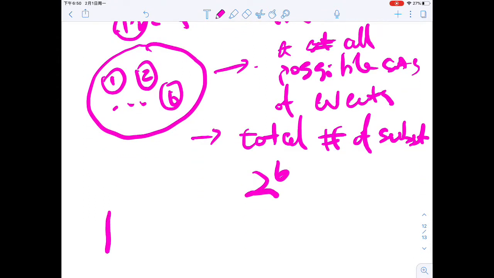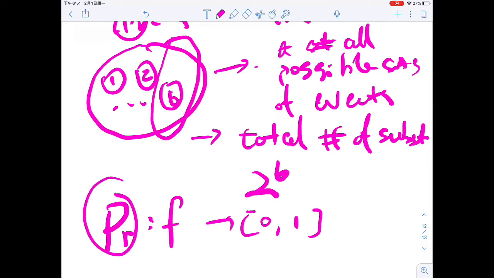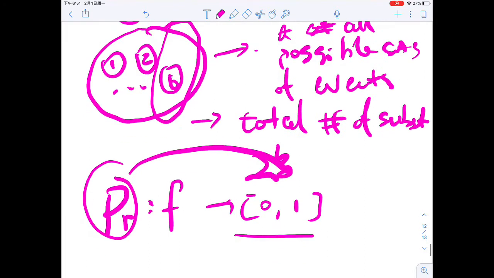So we want to make sure the probability function is able to map any event to a real number. Whenever I'm able to properly define an event, the probability function should be able to map this event to a number that indicates the probability this event happens.